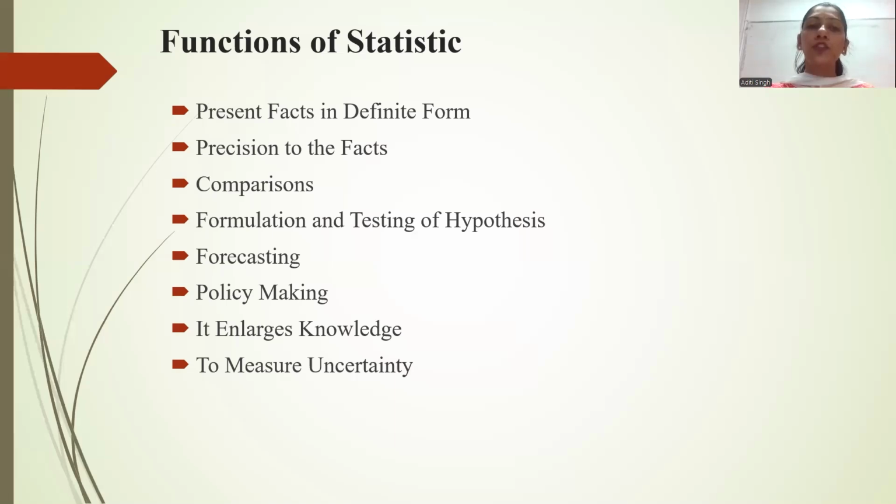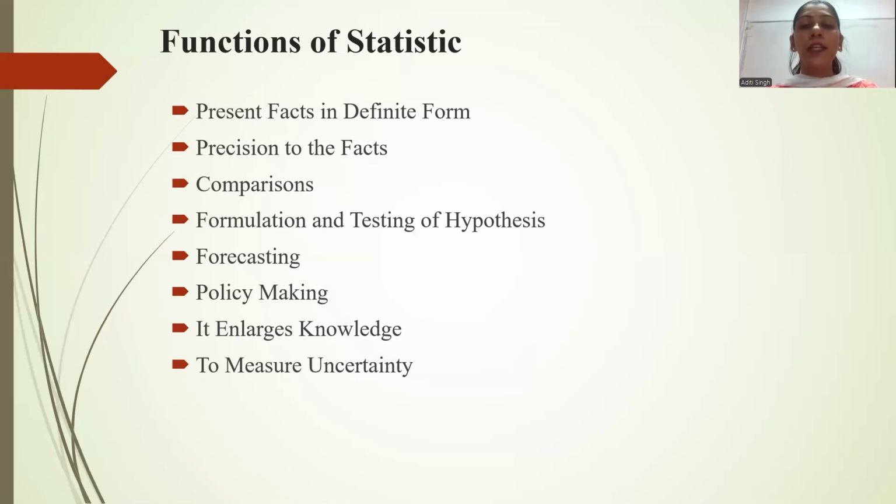So the statement should be defined like population in 2004 would be 15% more as compared to the population in 2001. So these are the facts which are given by statistics, which are totally in defined form.